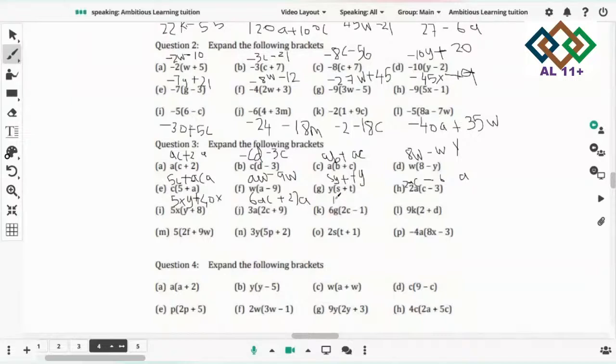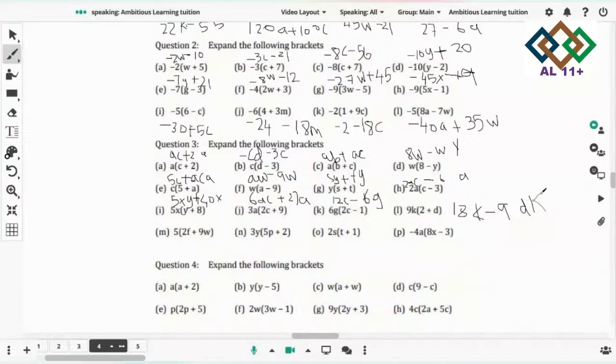That's 12c minus 12. Sorry, minus 6, not 12. Minus 6g. That's 18k minus 90k.